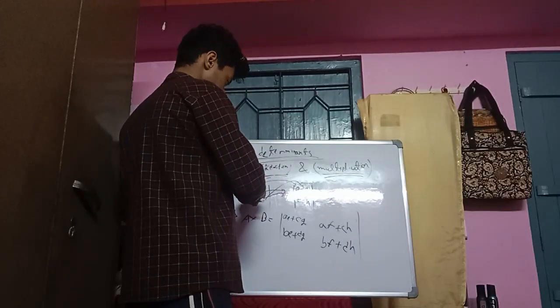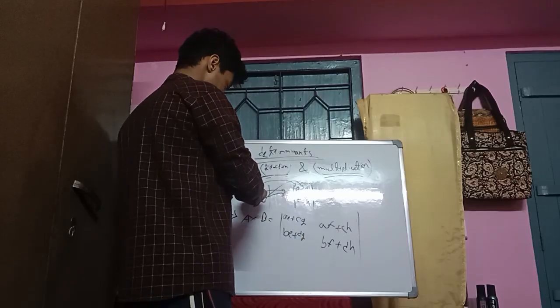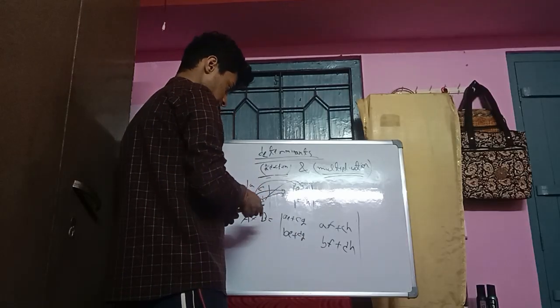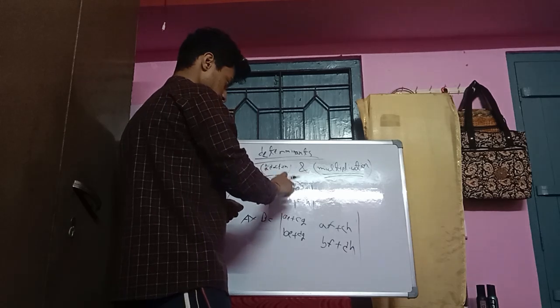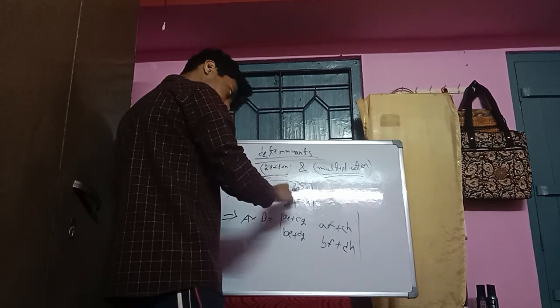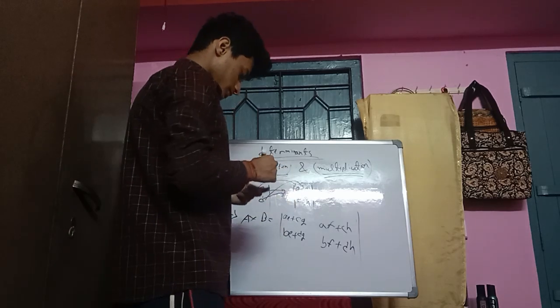First element of the first determinant's first row, first column times the first element of the second determinant, like this. Okay?